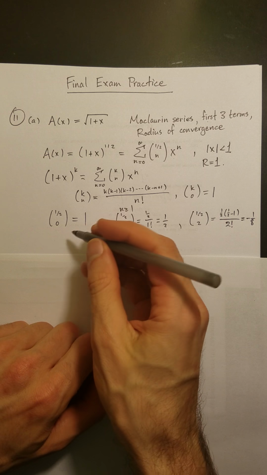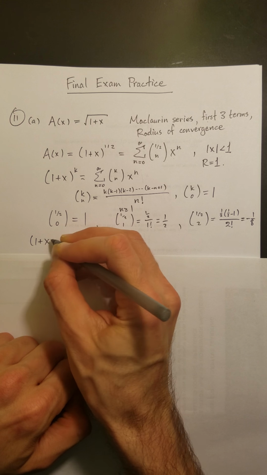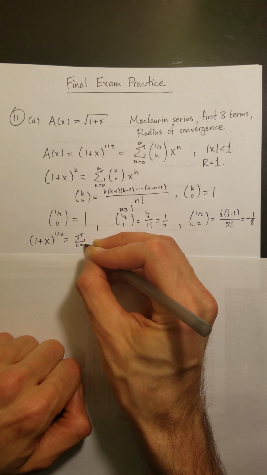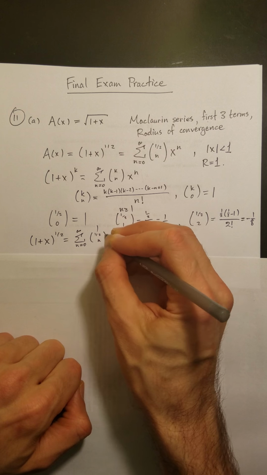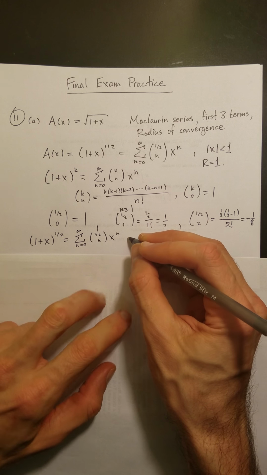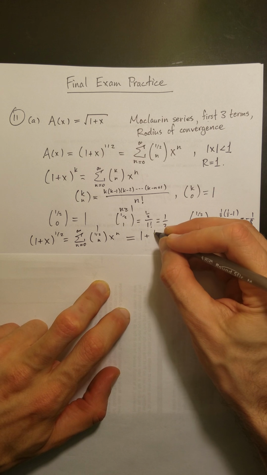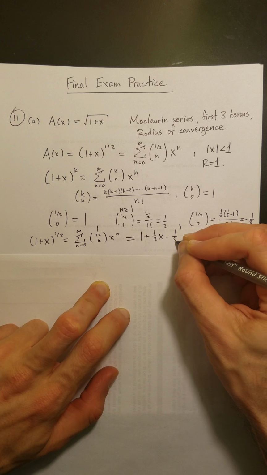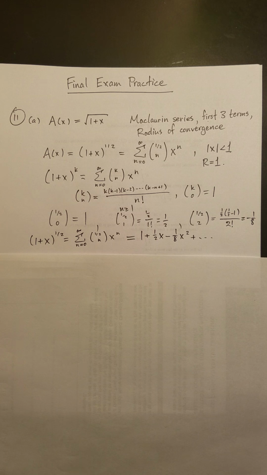So our first three terms for this binomial series, so this is the Maclaurin series, the sum of 1/2 choose n times x to the n, is equal to 1 plus 1/2 x minus 1/8 x squared plus some higher order terms that we didn't actually calculate the coefficients for.